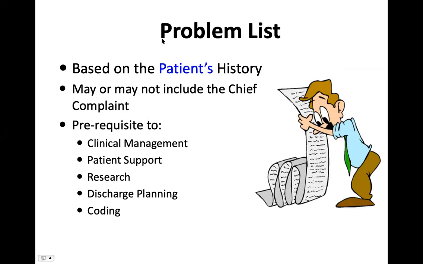Okay, so now what I want you to think about is a problem list. And based on the patient's history, we already got in some of that chief complaint that you may actually now put in as a medical problem. You now have a list of problems.